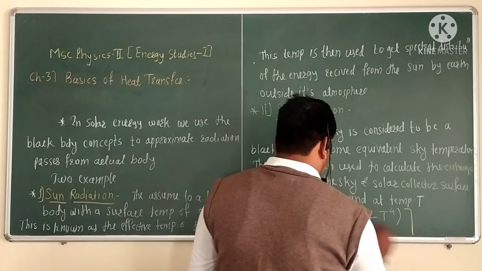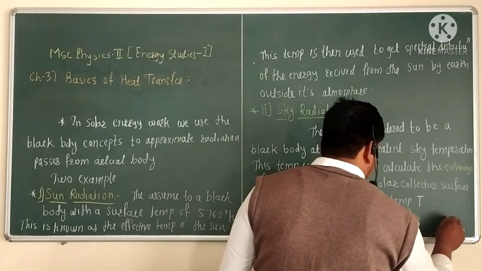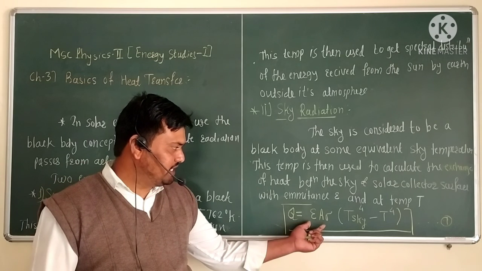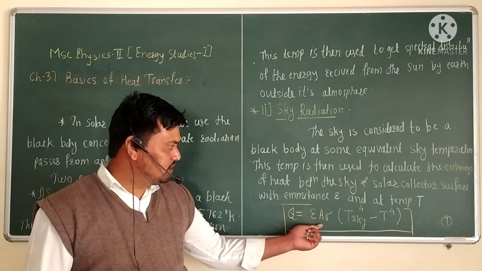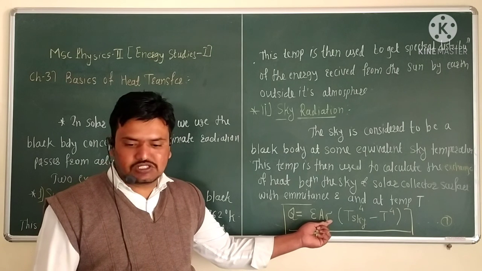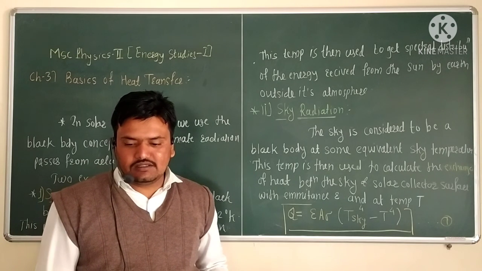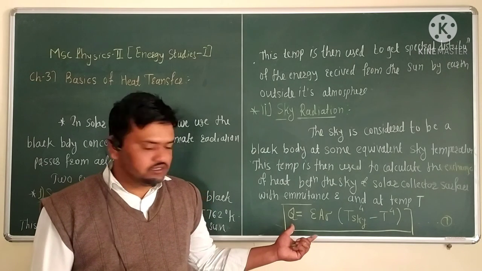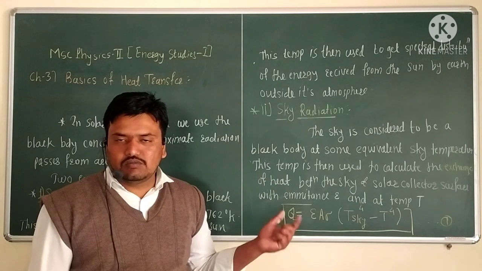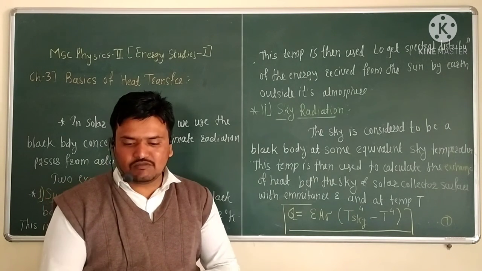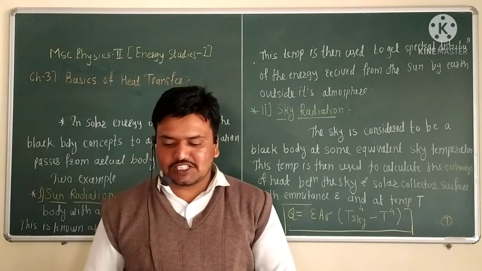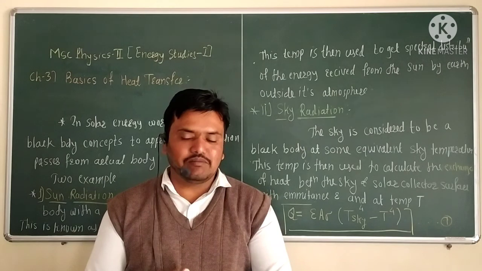Here Q is the exchange of heat, which depends upon the area A, the emittance epsilon, and the Stefan-Boltzmann constant sigma. This gives a very simple expression for the sky temperature range.